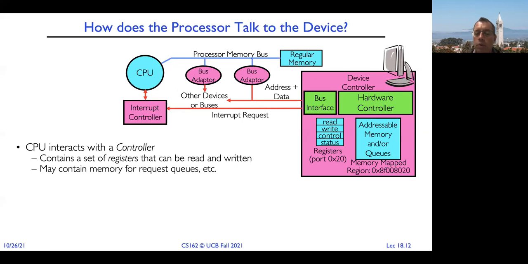Right? Now, a device controller is quite complicated. Actually, many device controllers have their own processor. So it's like their own computer, right? They have an ARM processor and so forth to implement the program which is going to control that device. Of course, you have a bus interface to send the data in and out to connect to the other buses in the system.